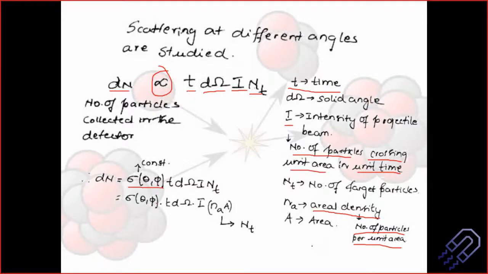But we are going to do some ideal studies here. So if we consider this, nt is the number of target particles, and we can write it as na into capital A. So na is n by A, and the A gets cancelled, we just get nt back.